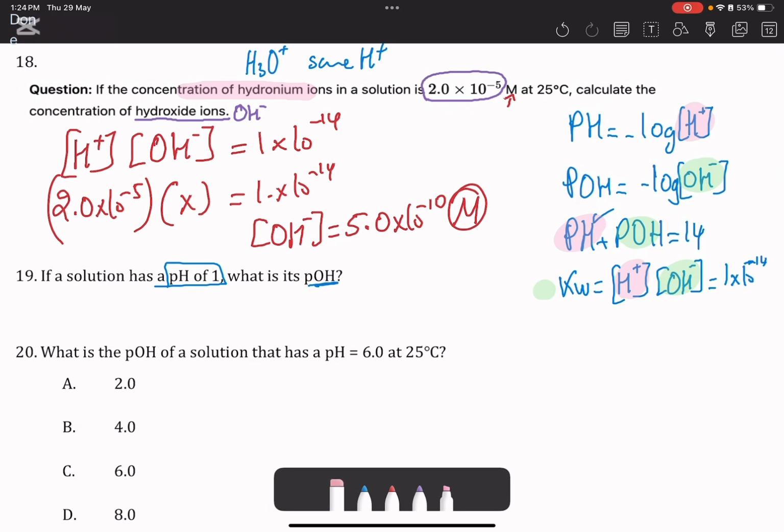There is no need to use the other formulas, because here I don't have H plus, I don't have OH minus, I only have the pH, and I need to find the pOH. So 1 plus pOH equals 14, so pOH is 13.